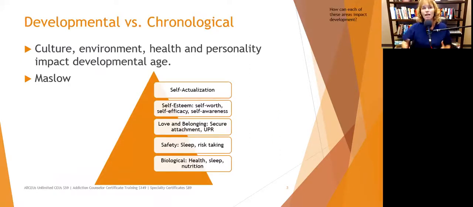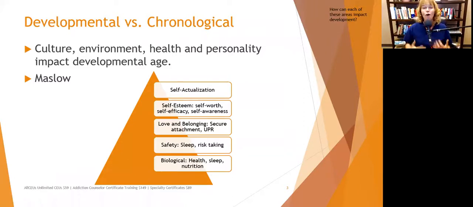So one thing I want everybody to recognize is the fact that developmental age and chronological age may not be the same. And if you have a preemie, you are very, very familiar with this. My son was born 3 months early, so there was a huge lag initially in that difference between developmental and chronological age, because when he was actually 3 months old, he was actually just getting out of the hospital.